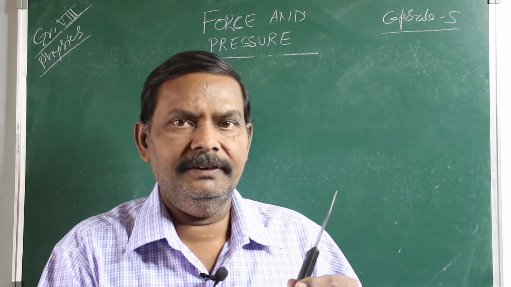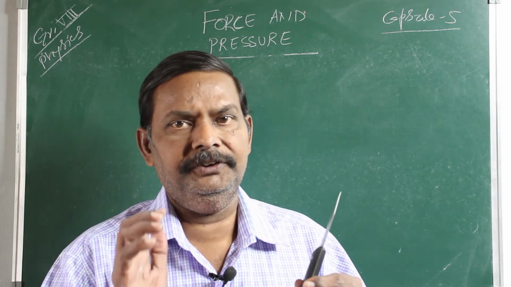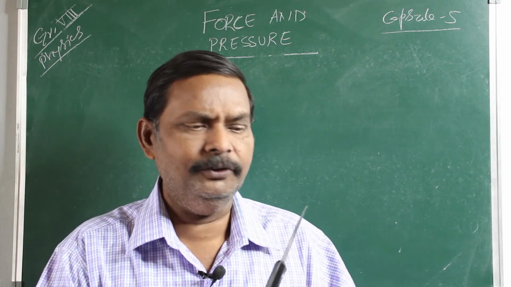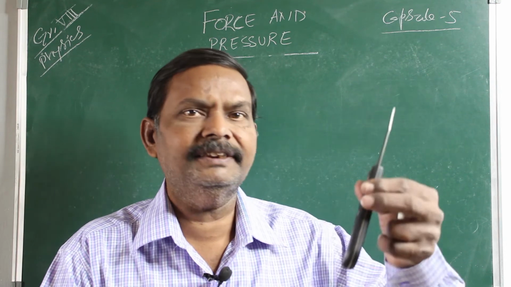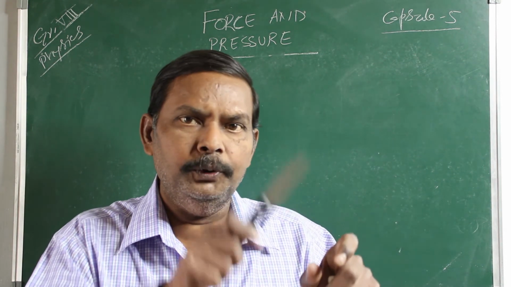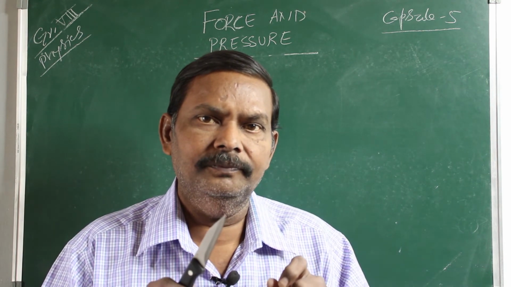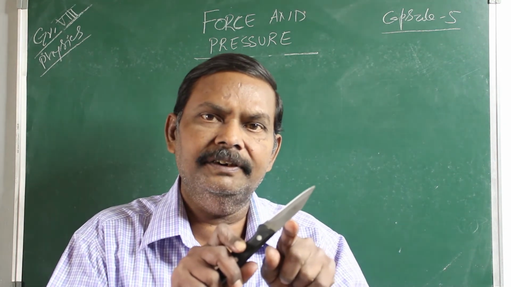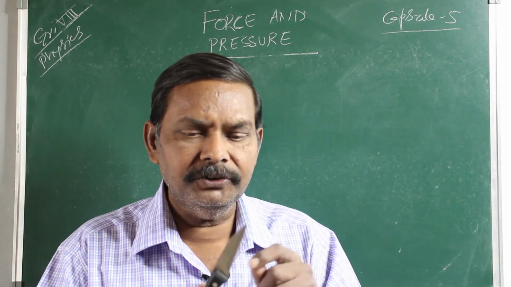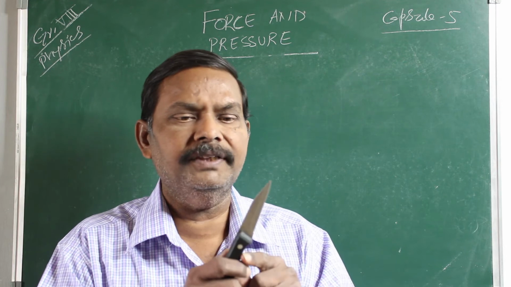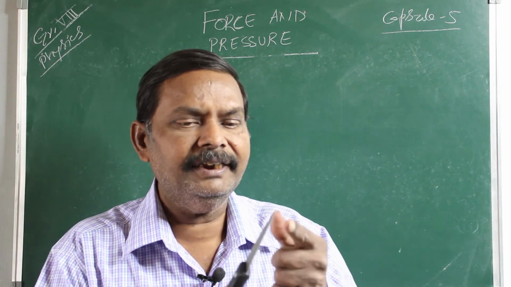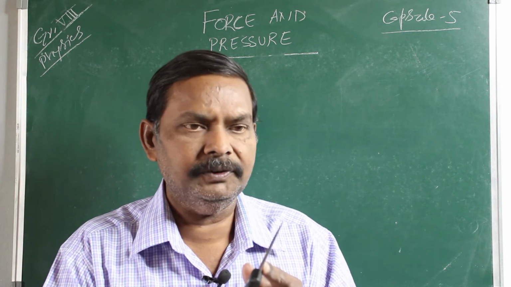A person without any knowledge of science, physics, pressure or force, if given this knife, uses the sharp edge to cut the vegetables, not the blunt edge. Common sense says so. But as science students, we should know why we use the sharp edge, not the blunt edge, to cut vegetables.